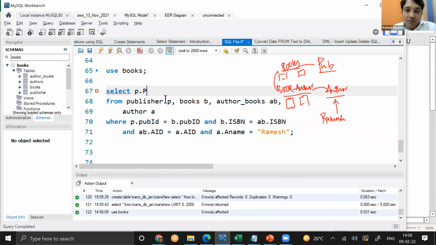Then P dot pub name, comma, A dot A name. Do you understand what is going on in here?